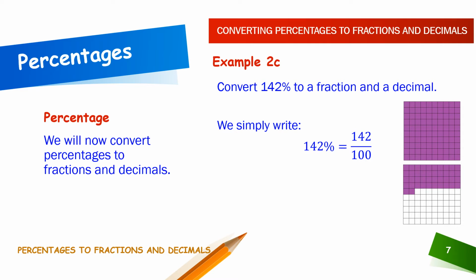So, since 142% denotes 142 parts out of 100, we simply write this as 142 out of 100. And as a decimal, this is 1.42, as before from our previous knowledge of converting fractions to decimals.